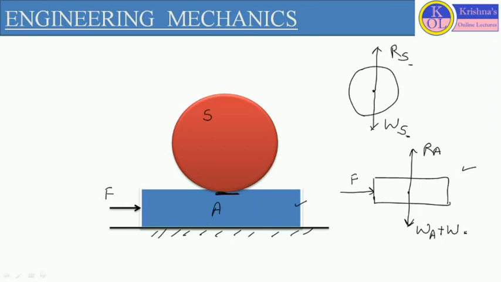It is the summation of Wa plus Ws, and the reaction will be the same because this is the contact point. So here the reaction will be Ra for this particular point, and for this particular point we will consider another reaction, Rs.